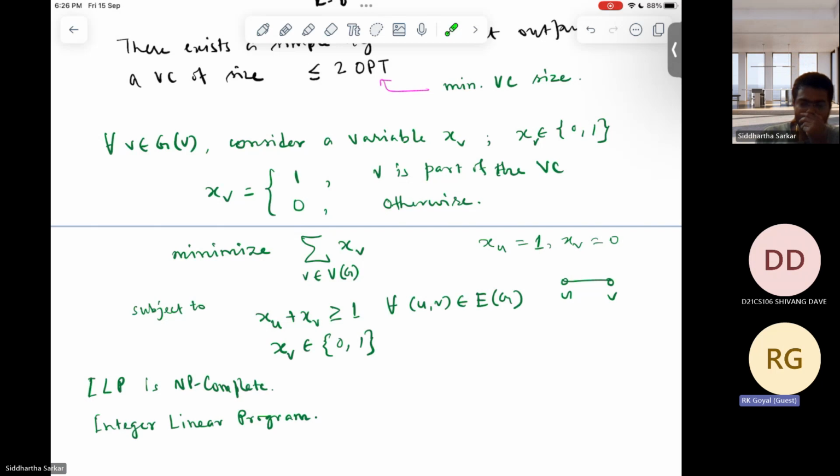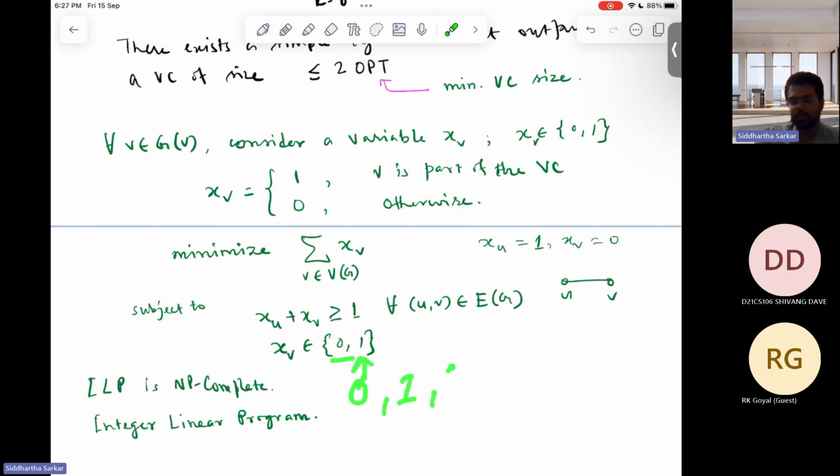So I was looking for the meaning of the term integer here. How is this different from the linear programming thing, and only the integer linear programming? Yes. So integer because the domain from which the variables are to be assigned values are integers. So in our case, there are two integers only in the domain.